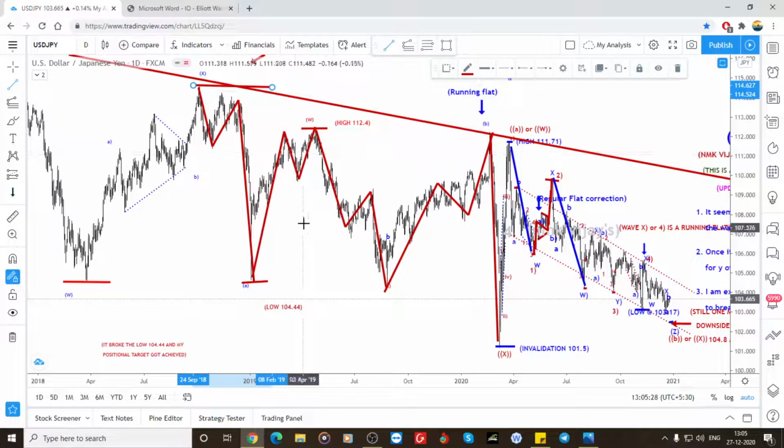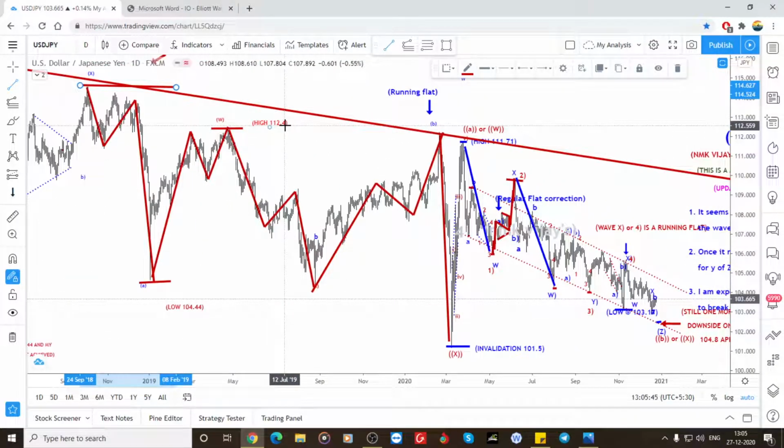So it completed here as a B wave. In this B wave, this is a running flat. How? It already broke the low of that W and ended within that W. It didn't go above the high. So that is called a running flat.